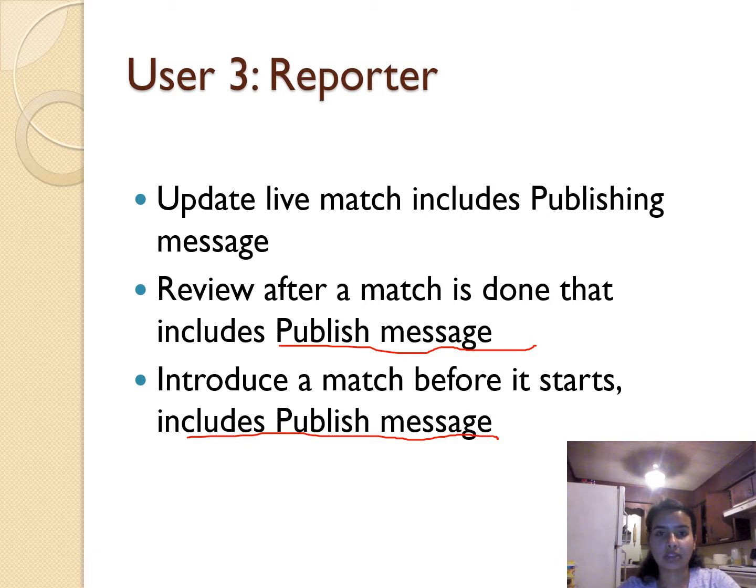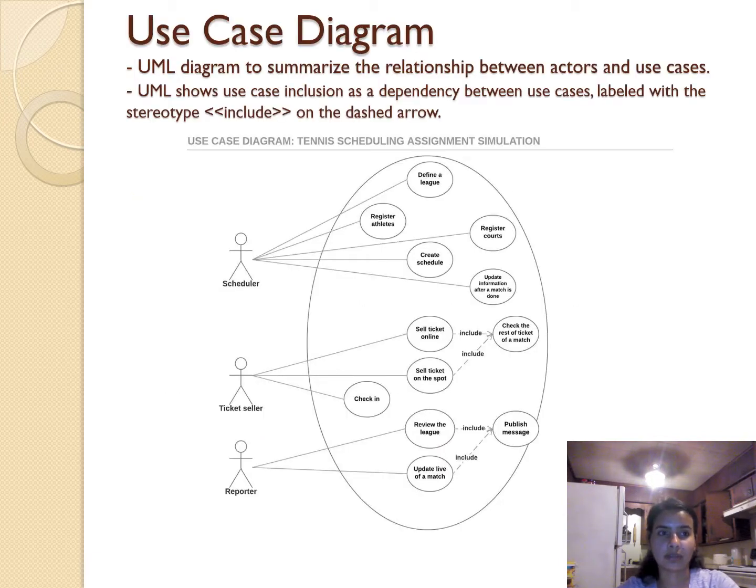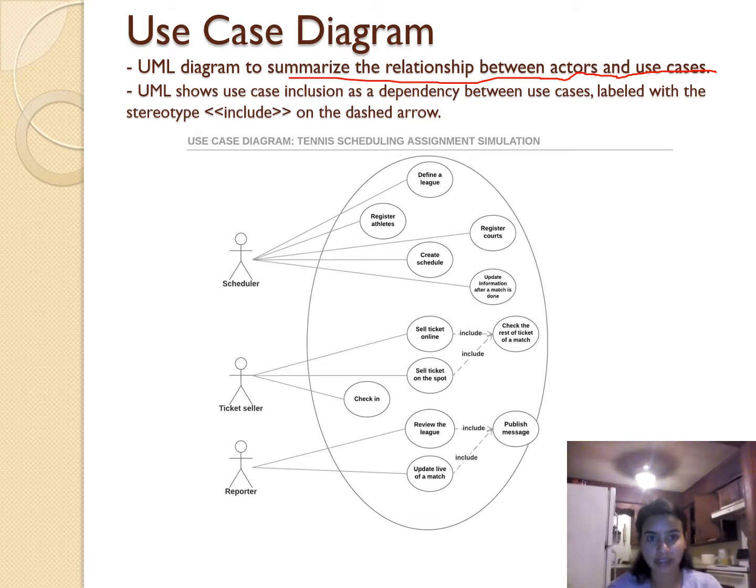So now let's discuss the use case diagram. A UML use case diagram summarizes the relationship between actors and the use cases. It also shows all the classes in detail, and we can see we have a data list interface to modify data. We can also see how every class communicates with each other using the use case diagram.